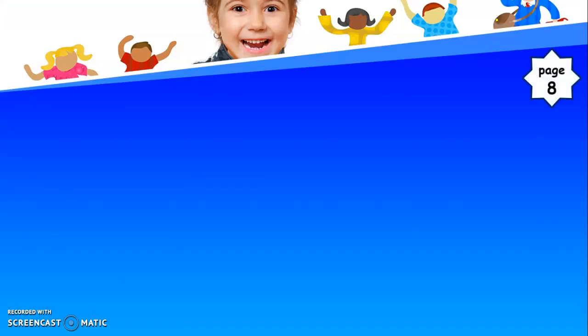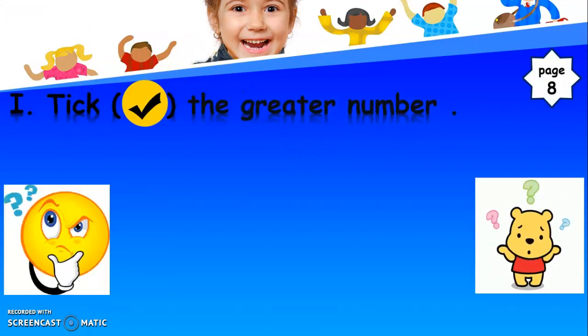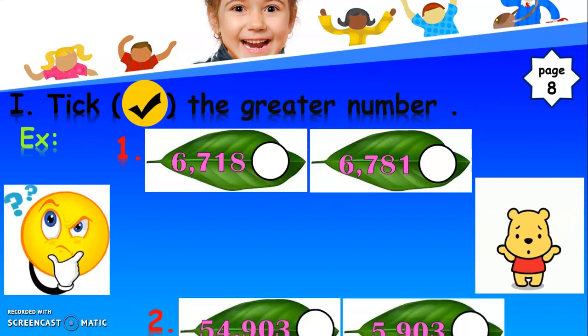The next part is for page 8. We are now practicing letter I. For letter I, you have to tick or put a check for the greater number. So this one is about comparing two numbers, finding the greater number, and placing a tick or a check inside the circle.